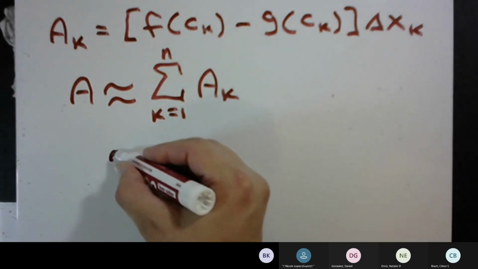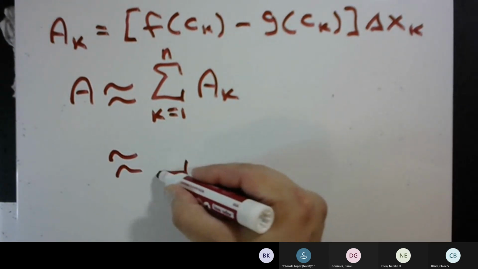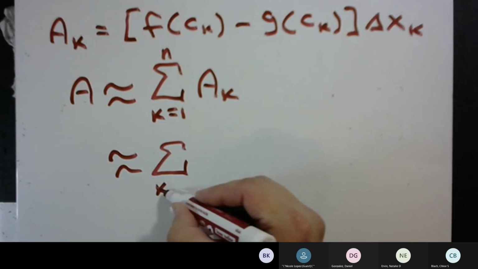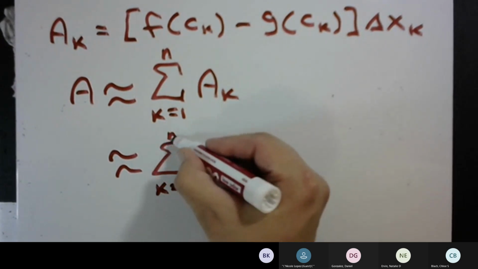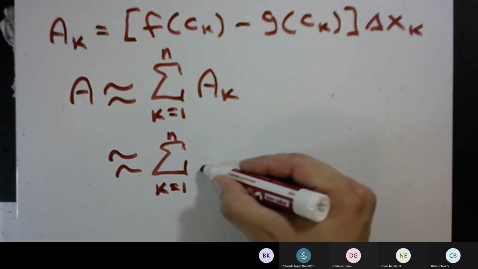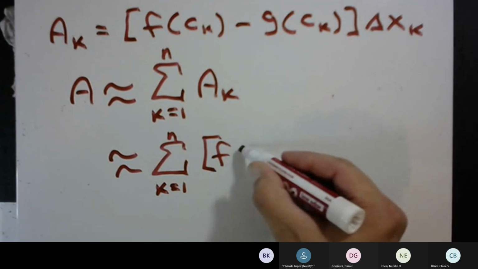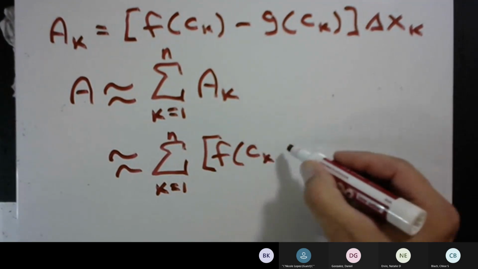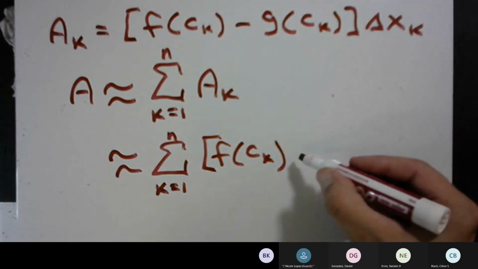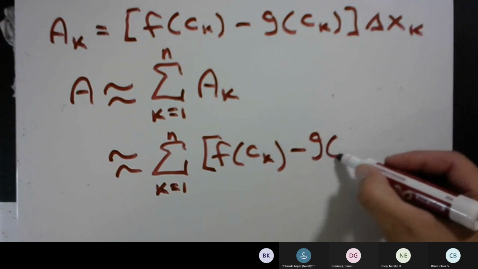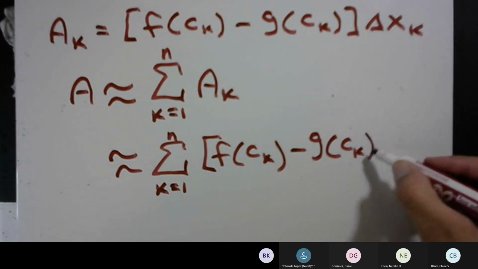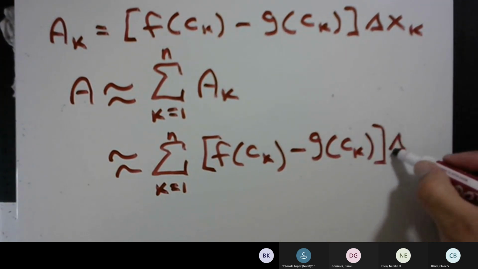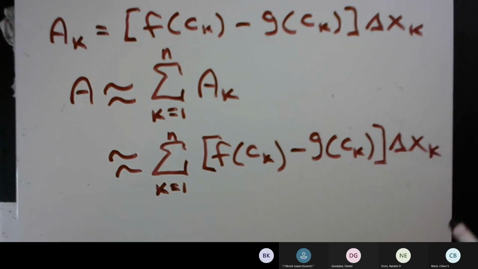We're going to sum these little areas. And then we're going to take a limit.